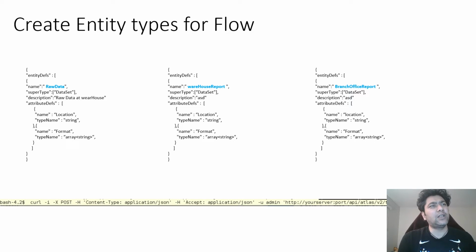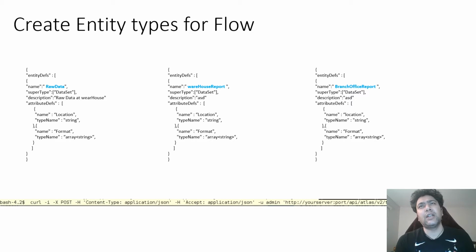The format is an array of strings, because each column will have a name. Similarly, the report will have a location where the report will be saved. We can have many attributes, but I'm just taking these two as an example: location and format, telling us what the different columns in that report are. We can have a further breakdown, like the column types, but for the example's sake, I'm taking only these two.